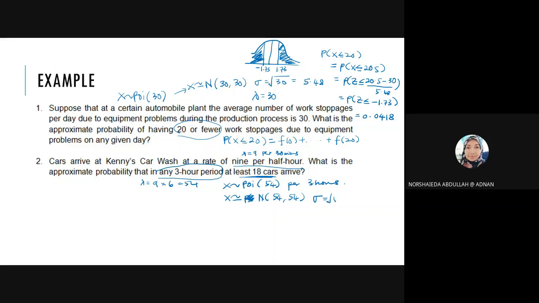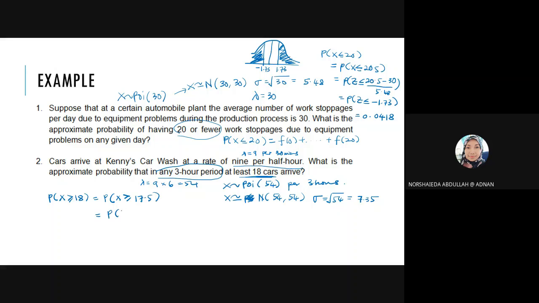So standard deviation equal to square root variance equal to 7.35. Okay, we want to calculate the probability at least 18, so greater than or equal to 18. Greater than and equal, we need to do the continuity correction. Greater than and equal, we need to minus 0.5. So it will become 17.5.